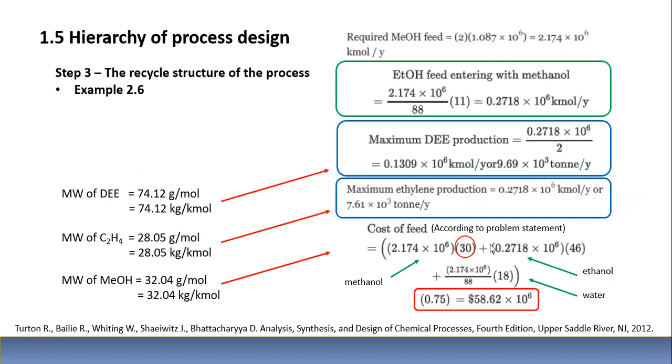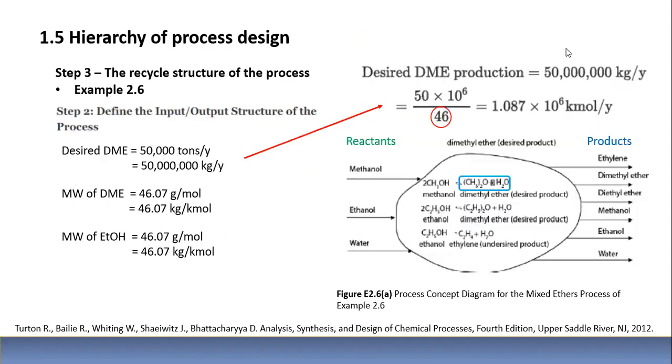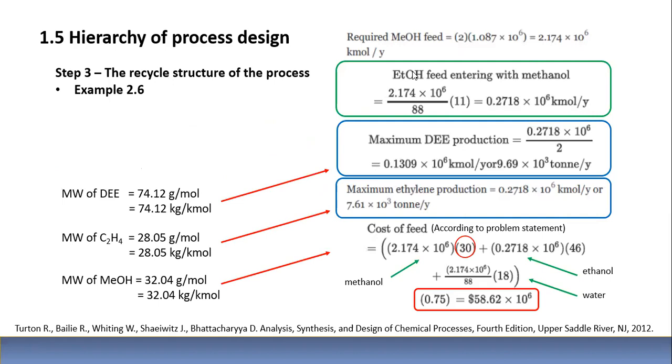So that amount calculated, see right there, which is twice this amount, should be divided by 0.88 and then multiplied times 11 if we want to obtain the amount of ethanol entering the feed, because it is 11% ethanol, 88% methanol.